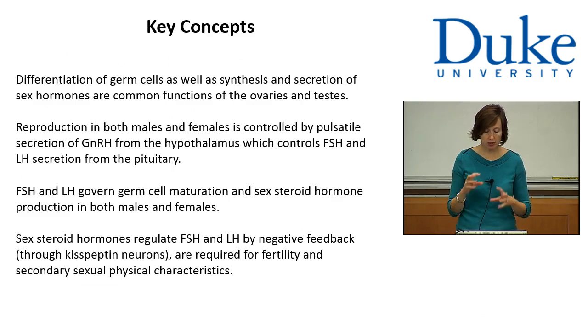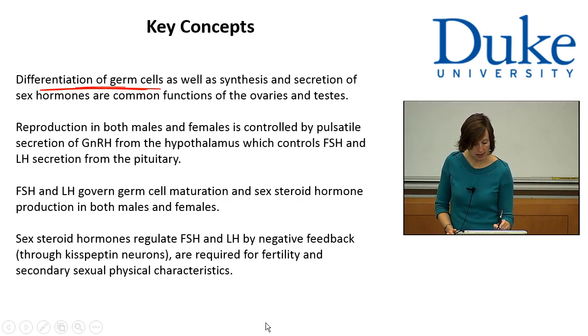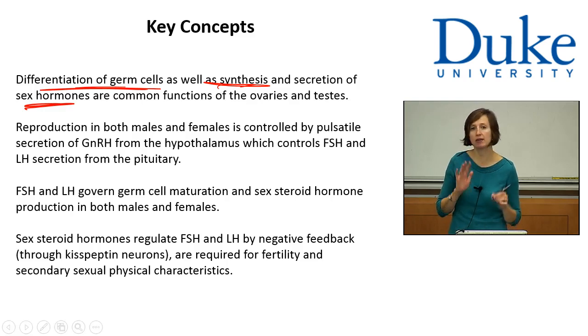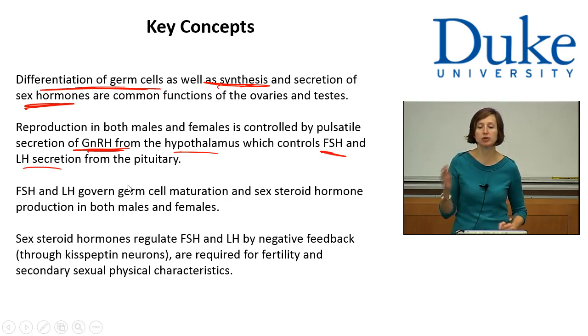So we've talked really only about cases that are very similar between males and females, where we're going to have the formation of germ cells and the synthesis of sex hormones, which are going to happen in the male and female gonad. And we're going to have secretion of GnRH from the hypothalamus, which is going to control FSH and LH from the pituitary, again, both in males and females.